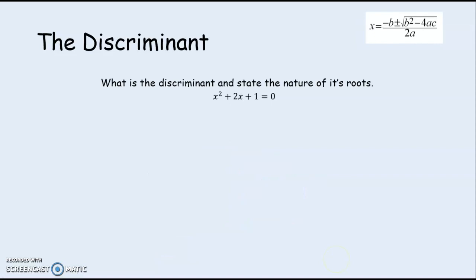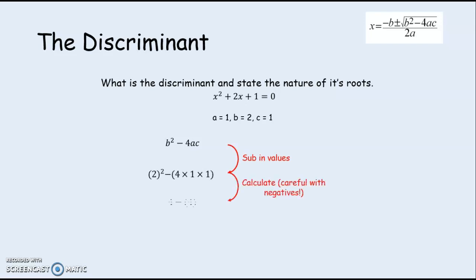Let's try another one. Pause the video and give it a try. Okay, so now we want to know what is the discriminant and state the nature of the roots. This is just another way to write the same type of question. So identify my a, b, and my c, substitute those values into b squared minus 4ac, and when I work it out, I'm going to get 0.